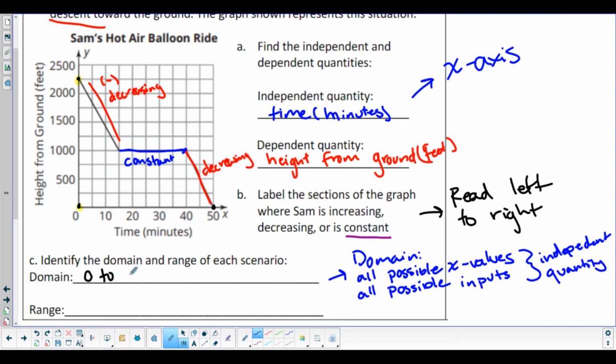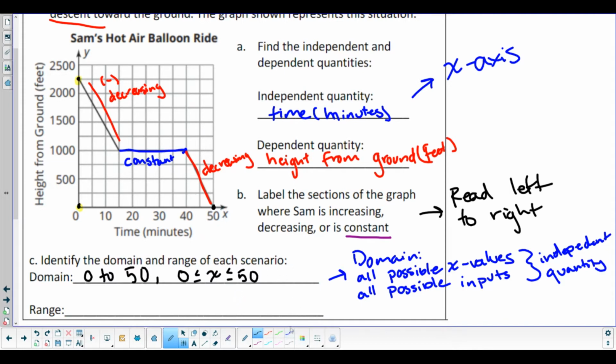So you could write 0 to 50 if you would like. A more technical way that you could do it would be this. 0 is less than or equal to x, right? All our x values, which are less than or equal to 50. All of our domain exists between 0 and 50.